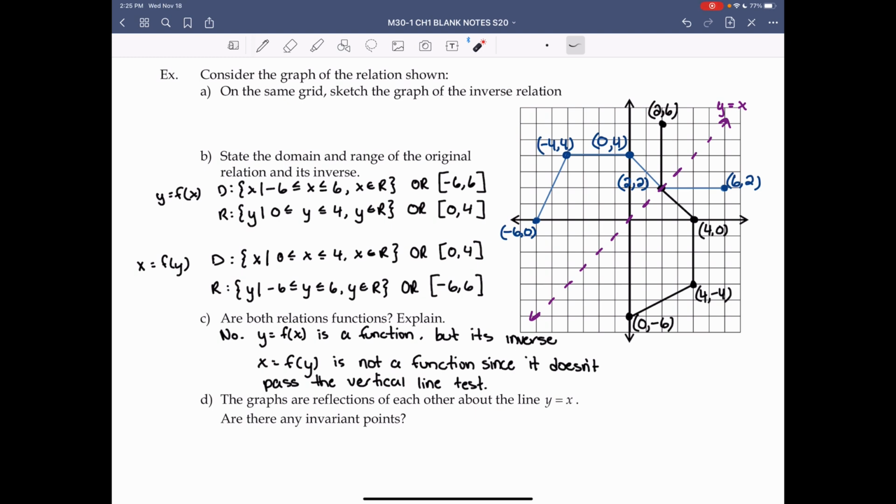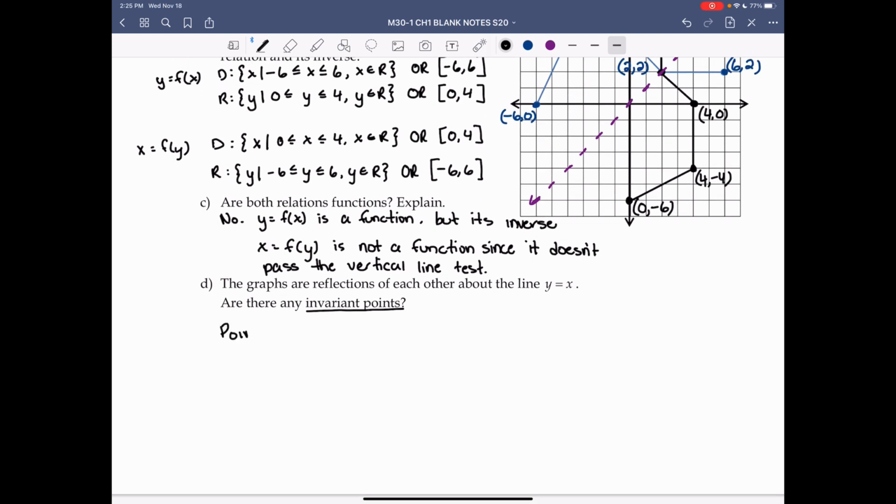So are there any invariant points? Remember that invariant points are points that are the same after the transformation. When we have a reflection across a line, invariant points are any points that are on the line of reflection.